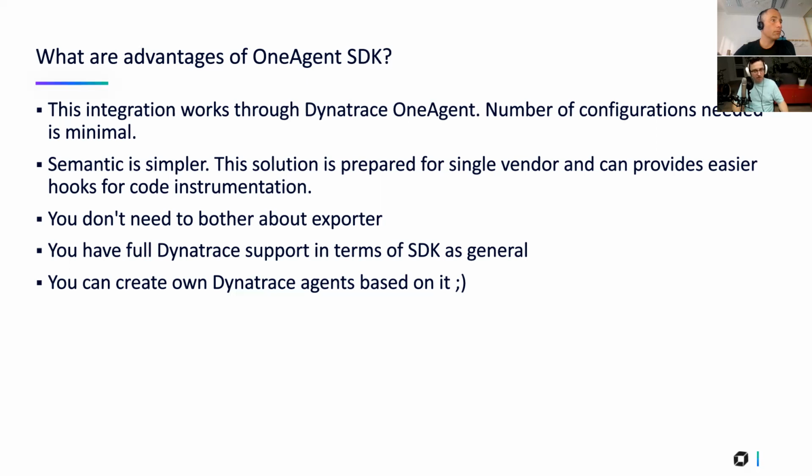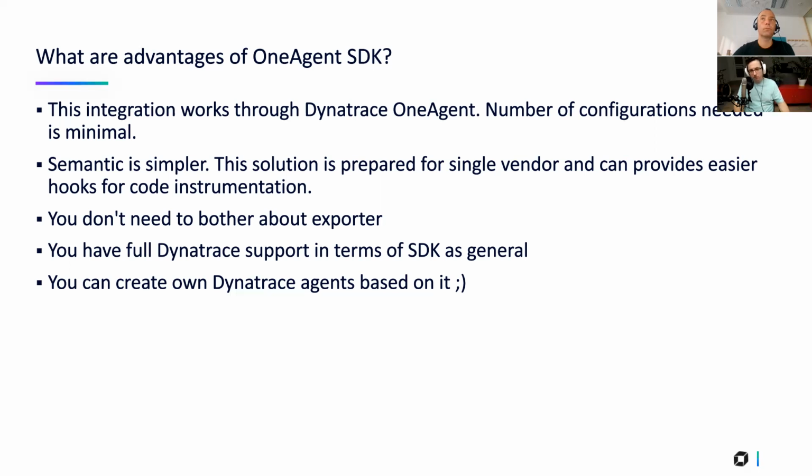And I think it's easier to start. You need to put less effort to start working with it because it's pre-compiled. You just need to add it to the LD config to give your application access to OneAgent SDK, and then you can do the magic. So the semantics, from my perspective, are simpler.